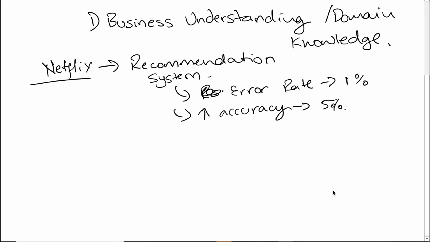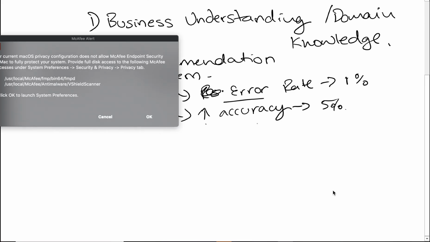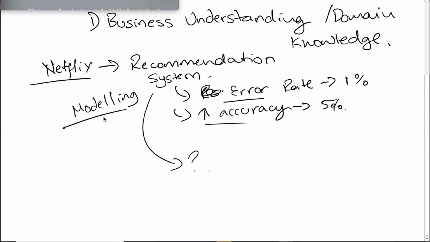Now, before you even think about lowering the error rate or the accuracy, or the modeling aspect of it, it is very important that you understand what recommendation systems are. Now, this is what understanding, business research, domain knowledge is all about.